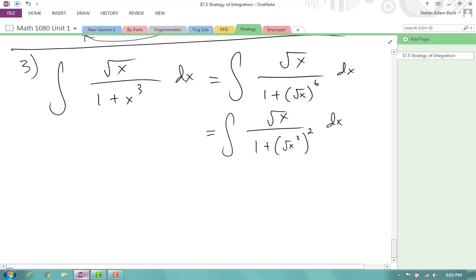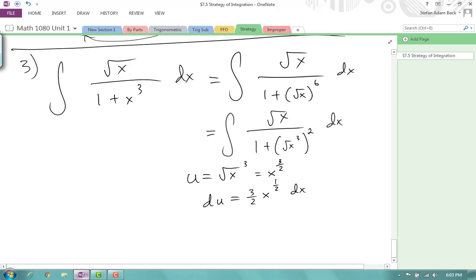And we've done enough problems to recall that, hey, the derivative of x to the 3/2 is x to the 1/2. So if I say u is equal to the square root of x cubed, which is equal to x to the power of 3/2, that means du is equal to 3/2 x to the 1/2 dx.